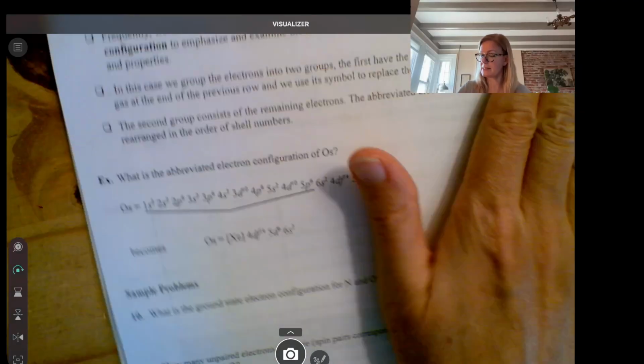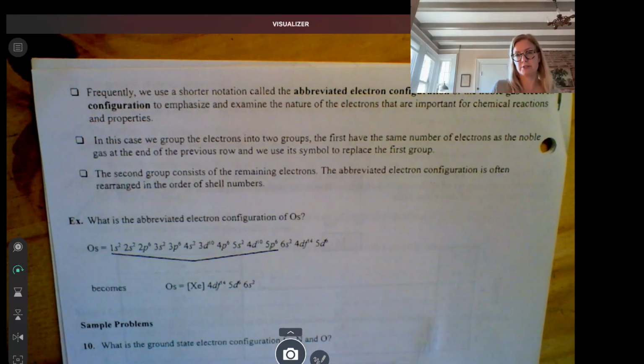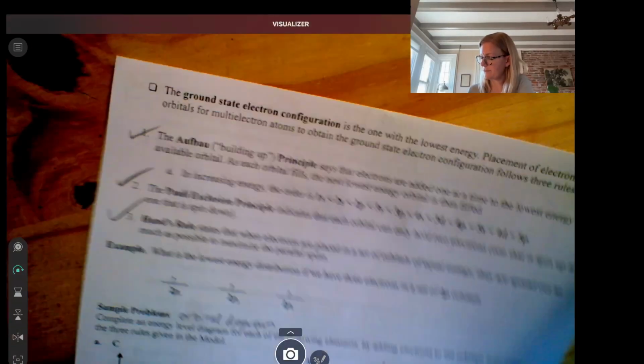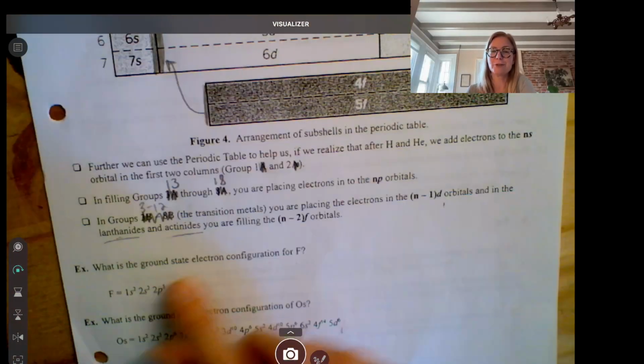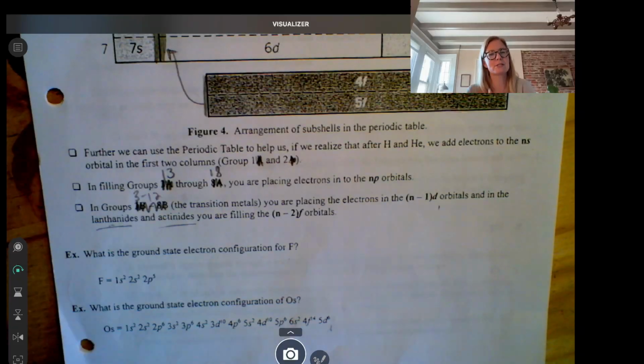All right, on the back, one last thing. We're going to learn about abbreviated electron configurations, okay? So you may be really sick of this. Well, you haven't had to do it too much, but you will get really sick of writing 1s2, 2s2, 2p6, 3, because they always start the same way, okay? And it gets very tiresome to always start the same way over and over again.